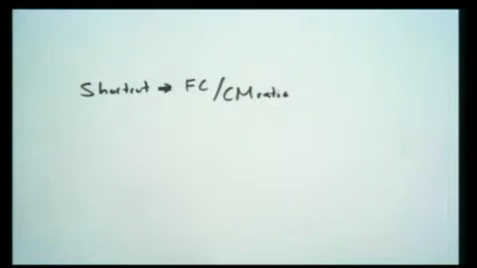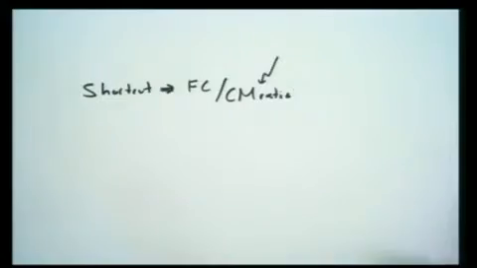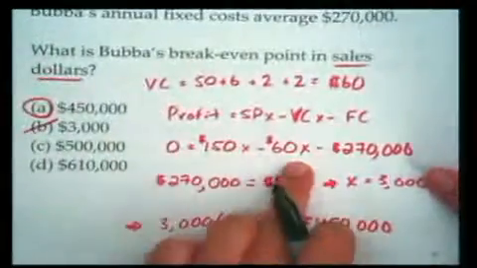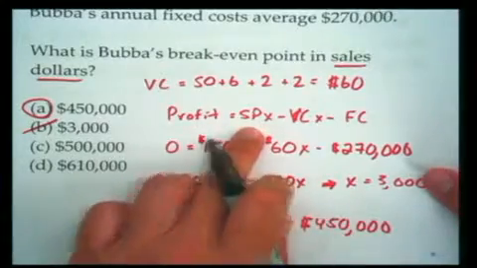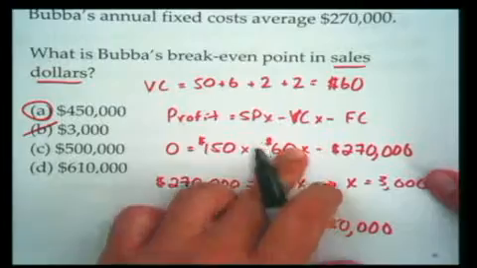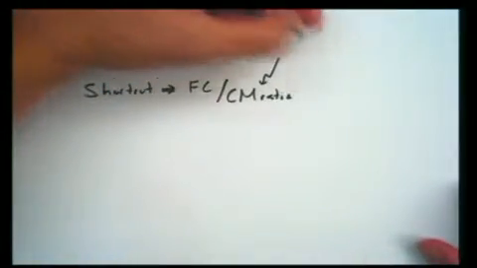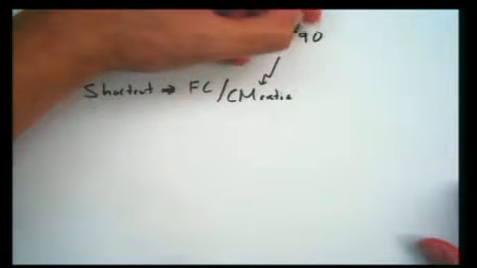But just to show the other varieties, in case you may have to know this for a later part, let's see, what is the CM ratio? Remember, the CM ratio is the contribution margin as a percent of the selling price. The $150 selling price minus the $60 variable cost gives you $90, so the contribution margin is $90.